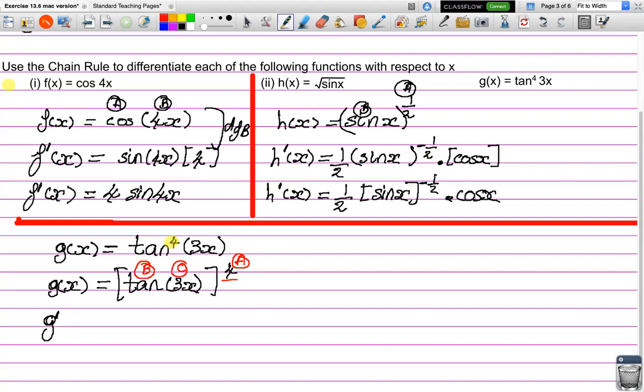So differentiating g, and we get g dashed x. Our first focus is the power, and what do we do with that power? We multiply by the power, and then we put that power down 1, and nothing else changes. Now we're going to look at the priority b, and the priority b is tan.